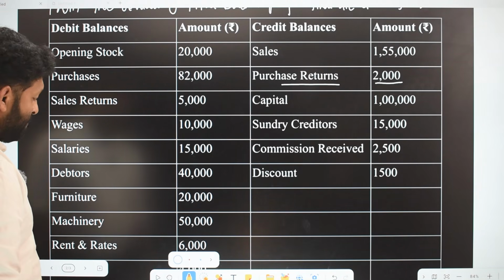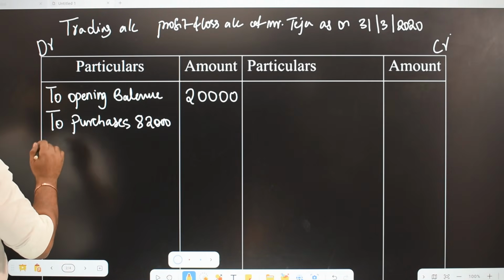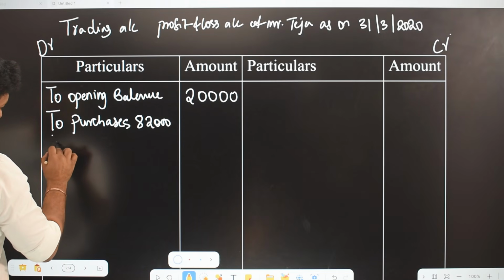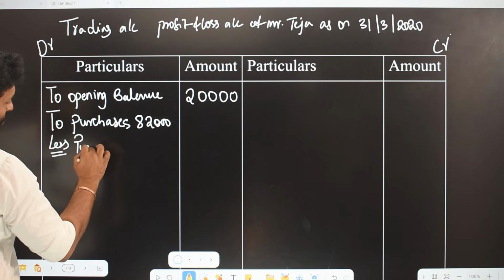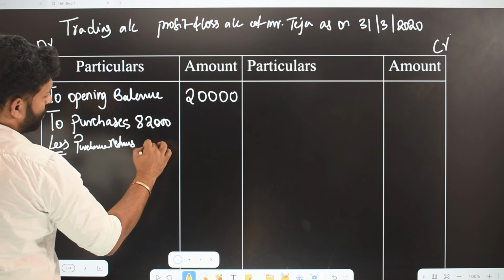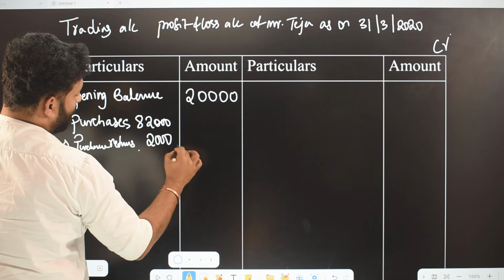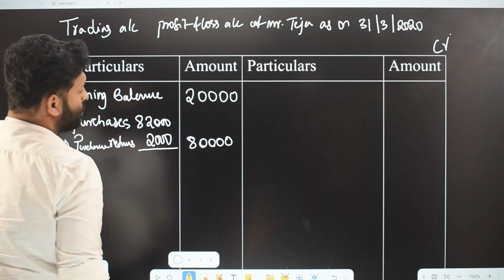Always deduct it from the purchases. Less purchase returns 2,000. Write the net value 80,000 in the amount column.